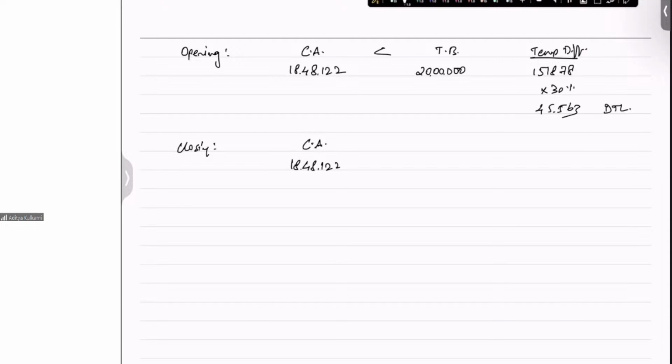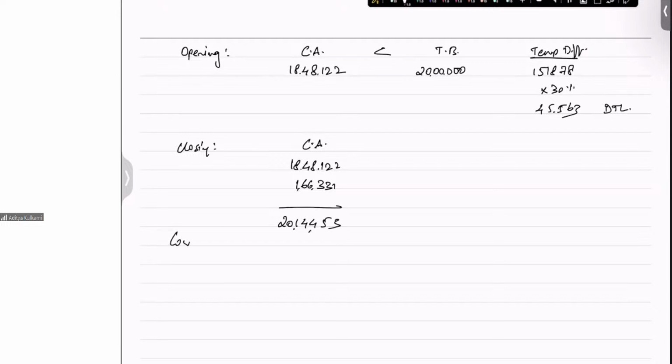To this, I am going to recognize the effective rate of interest of 9%, which is 1,66,331. So 18,48,122 plus 1,66,331 gives you 20,14,453.